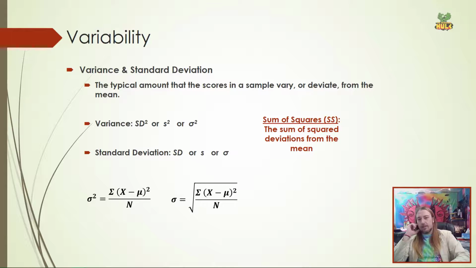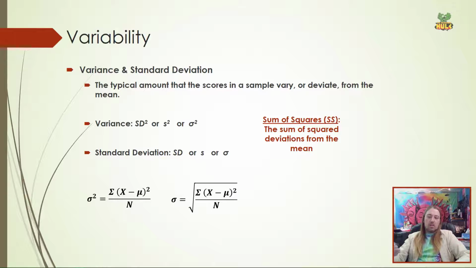Okay, so to calculate it, we first start by calculating variance. Variance can be referred to in different ways, depending on whether it's APA style or the conventions we'll use in formulas. APA style typically uses SD squared, where SD is standard deviation. That's because variance literally is standard deviation squared, or you could say standard deviation is the square root of variance.